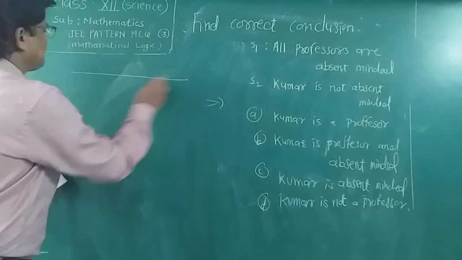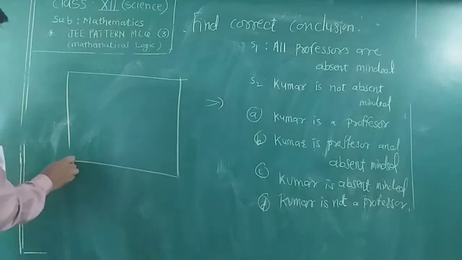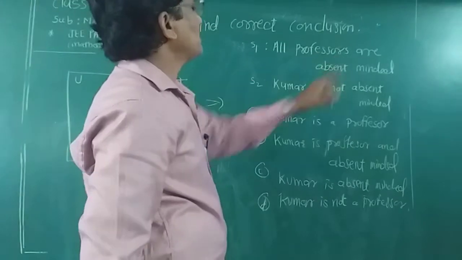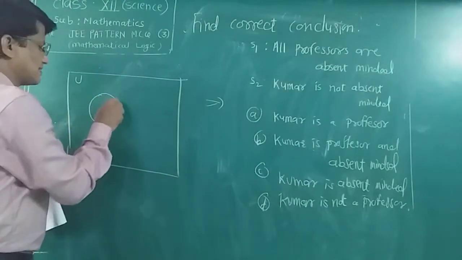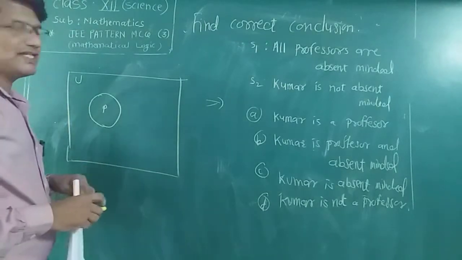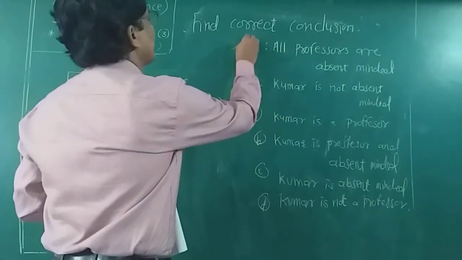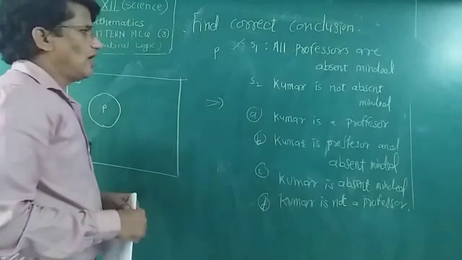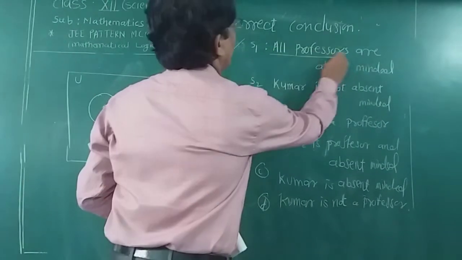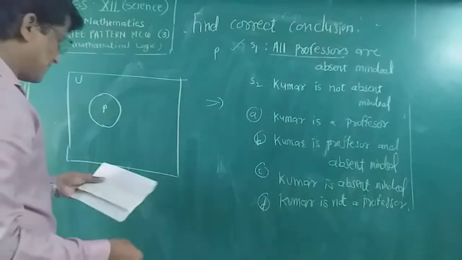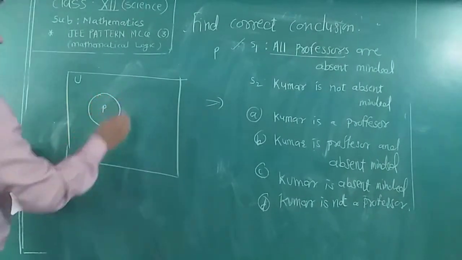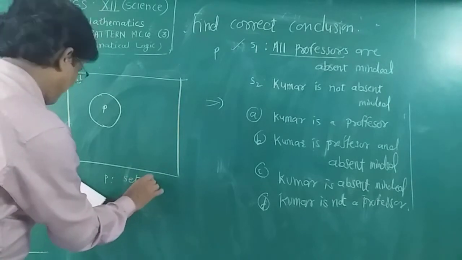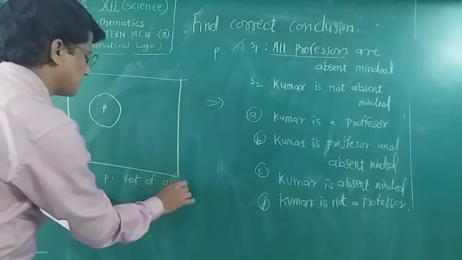Suppose this is a square bracket. This is the universal set. In the universal set, all professors are here. This is the circle. I am writing P here. P means the set of all professors, since all professors are absent-minded.